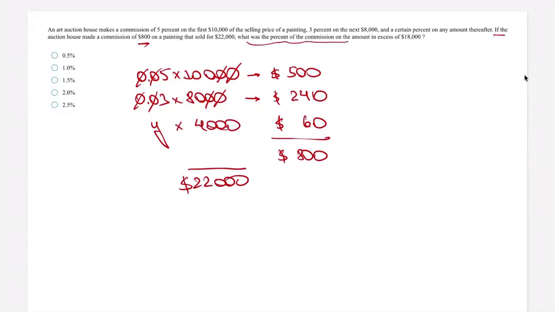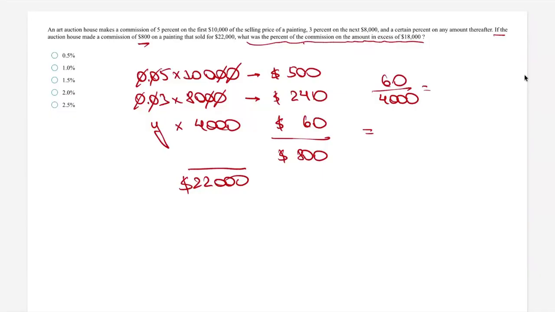What was the percent of the commission amount in excess of 18,000? So it's 800, it's 60 over 4,000. Is that it or not? Okay.